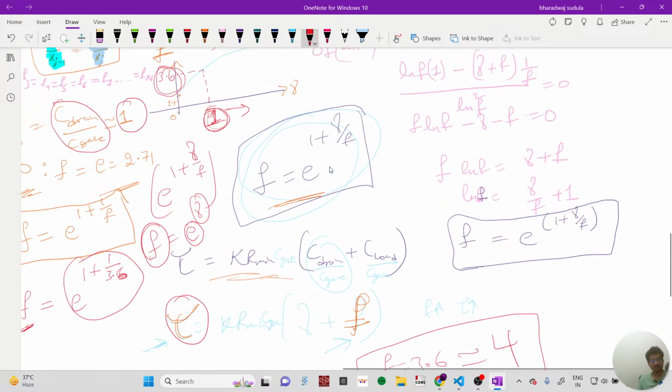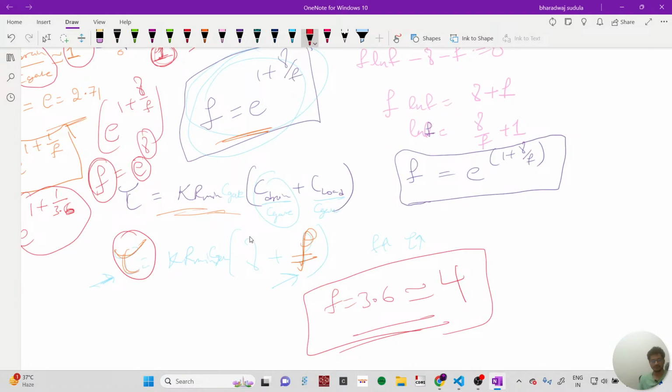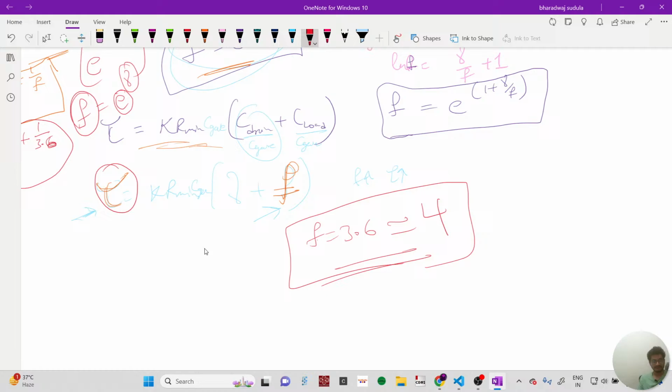That is the optimal value. Optimal value that can be obtained at gamma equals to 1 is 3.6, and we approximate it to 4. So FanOut 4. So if gamma is 1, FanOut is 4, and this is nothing but the propagation delay of inverter. That is the standard one, like it is sized to 1. That delay is nothing but pi TP inverter.